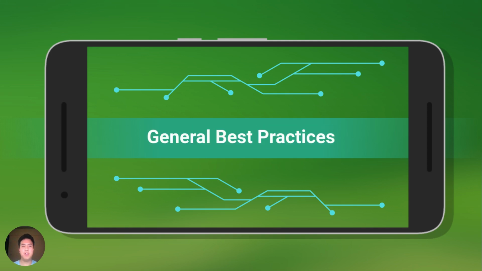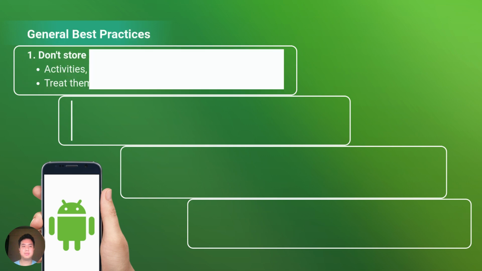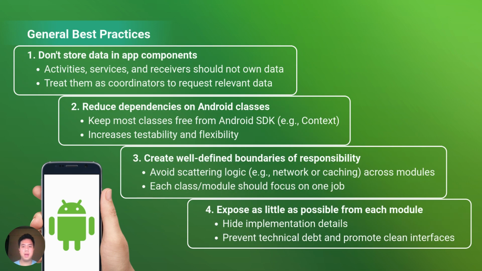Next, general best practices. Here are eight practices. First, don't store data in app components. Second, reduce dependency on Android classes. Third, create well-defined boundaries of responsibility between various modules in your app. Fourth, expose as little as possible from each module.